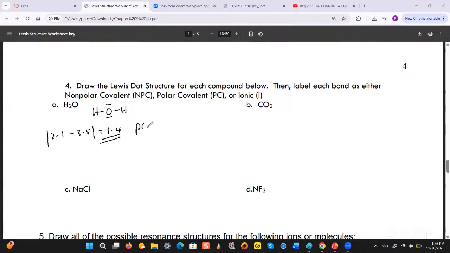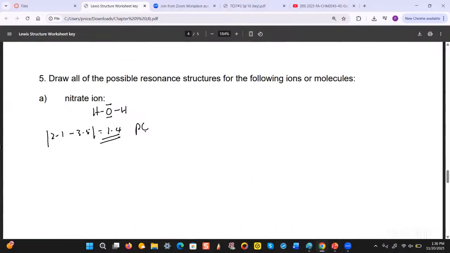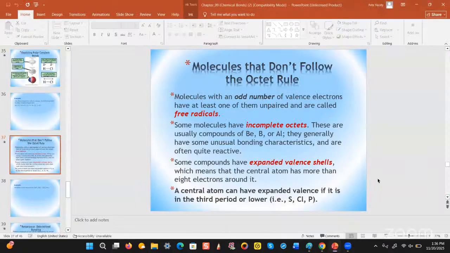Polar covalent, PC. And that's it. All right, and basically, same approach for all the others, all right? Okay, let me see what the next question is. Okay, we won't be able to do that right now. So let me clear this. And let me go to the PowerPoint.